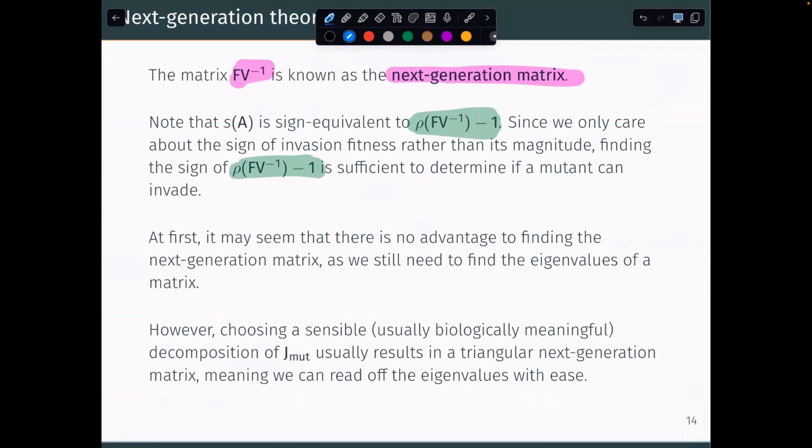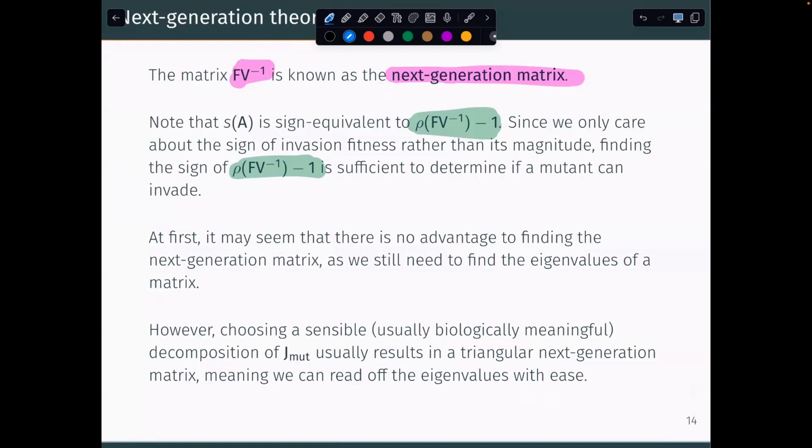So like I said, at first it might seem that there's no advantage. We're making things more complicated, having to find an inverse of a matrix and all of that. But this typically gets more and more powerful the more equations you have to deal with. Suppose your mutant dynamics had 4 stages. Now you've got to find the eigenvalues of a 4x4 matrix.